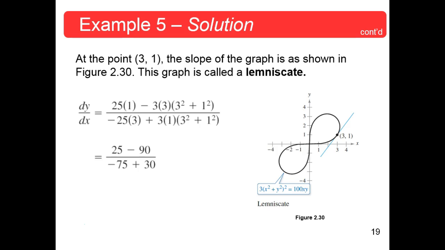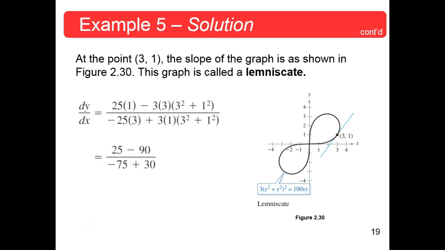There are 3 places where you have horizontal tangents. There. And I can't think of much else of any interest. At the point 3,1, which is on that curve, the slope is 13/9, a little bit greater than 1.